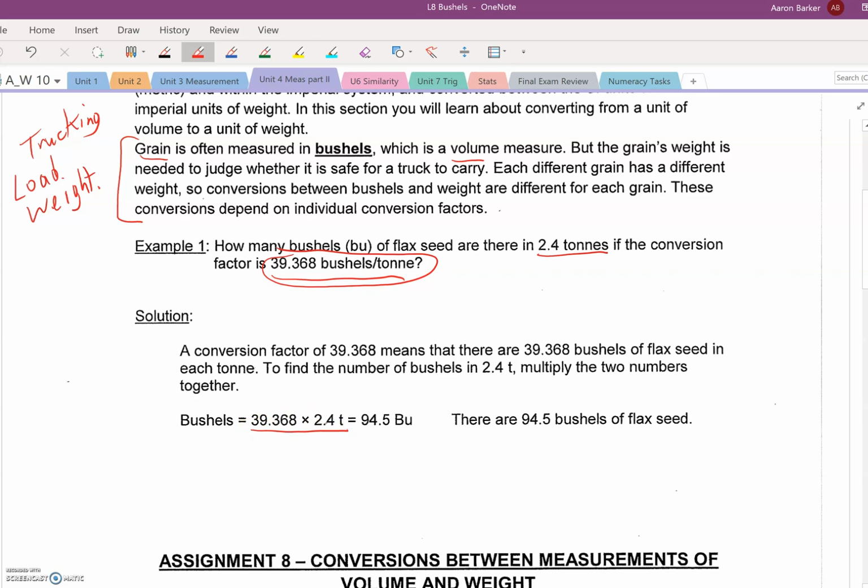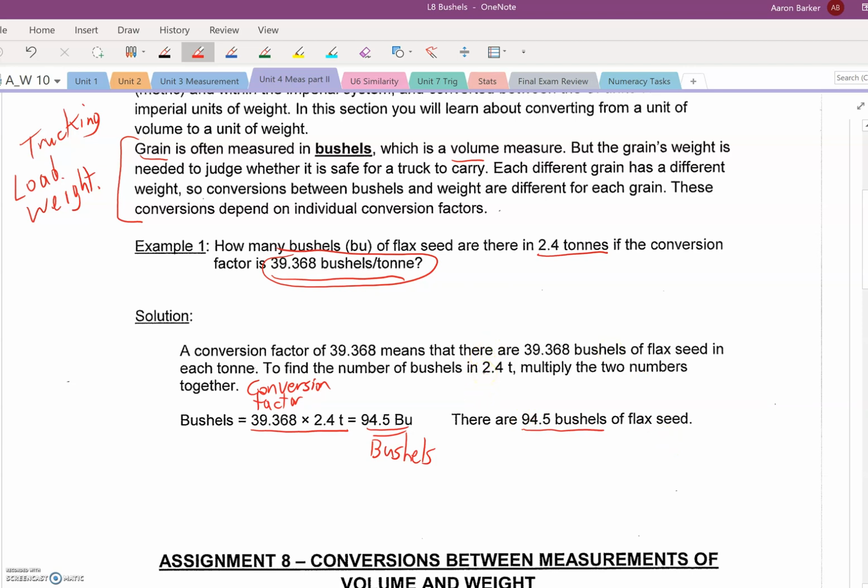We take our conversion factor, which is given to you, and multiply it by the mass, and you get the number of bushels. It's just a unit of measurement such as kilograms or meters cubed. So there's 94.5 bushels of flaxseed when you have 2.5 tons.